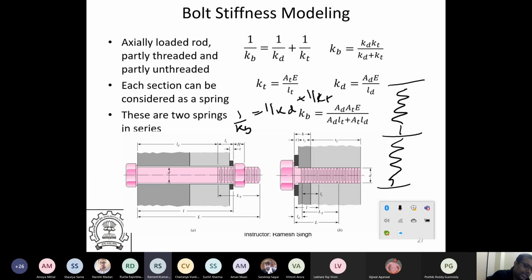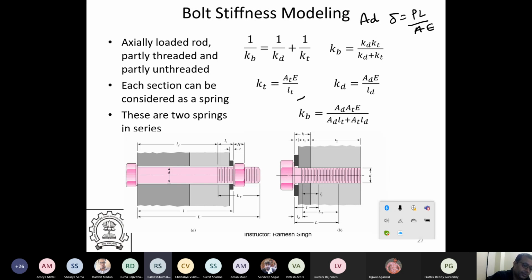I know KD is the unthreaded portion, which has a diameter with area AD. If you remember, delta is equal to PL over AE. Basically, it comes from sigma equals E epsilon, where epsilon is delta by L. Delta is the deflection which happens, and the initial length is L. And sigma is nothing but P over A. So if I have to find delta, delta will always be PL over AE.